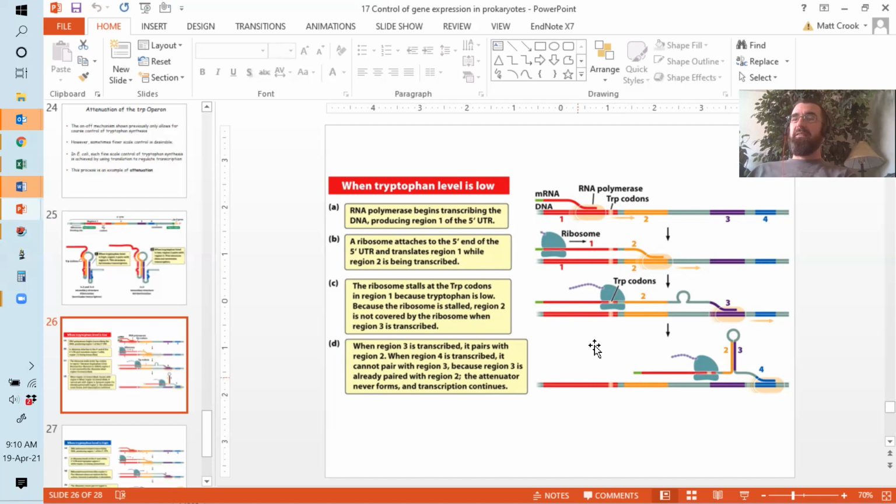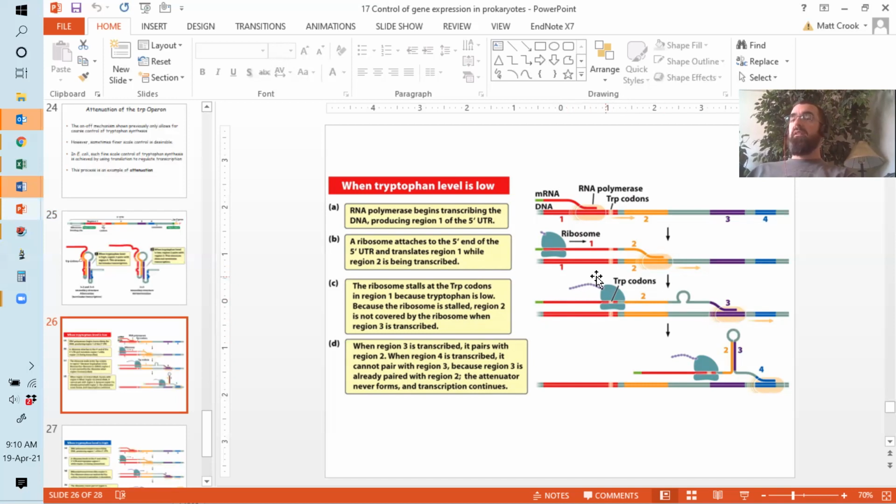Very distracting. All right, so this ribosome is now paused over these 2 trp codons. You can see the little polypeptide sequence coming out. This polypeptide doesn't do anything. It is purely there as a byproduct of this sensing mechanism.